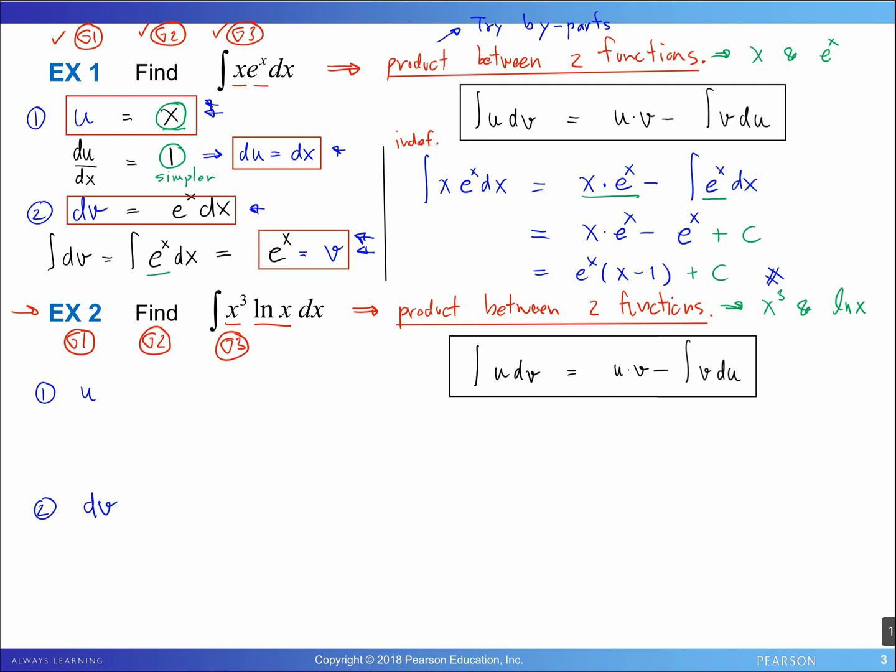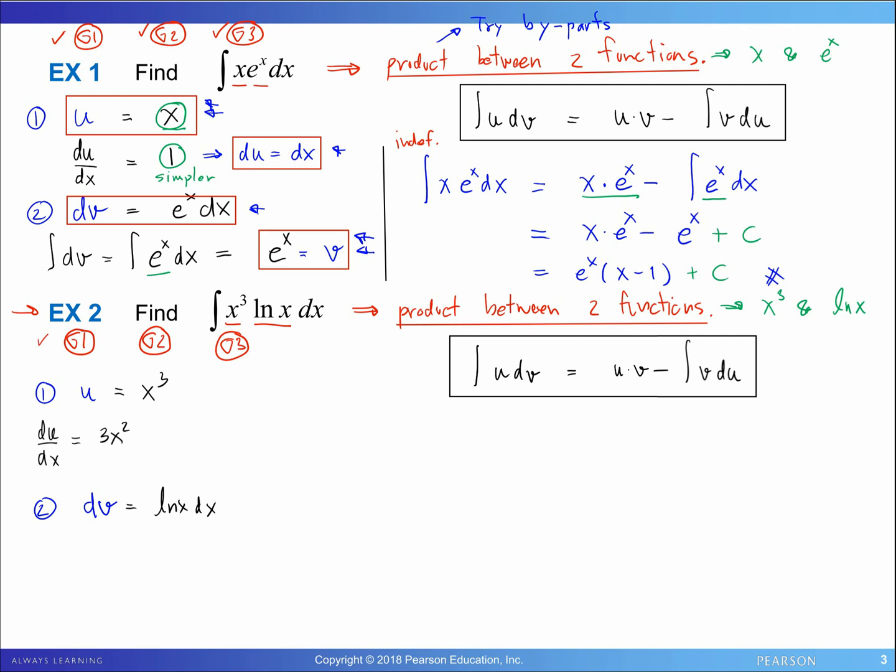So let's try this one: u equal to the first function x cubed and dv equal to the second function ln x dx. Now let's check G1. Let's try to differentiate u. du by dx, we have 3x squared. u can be differentiated, so G1 is satisfied. Check.